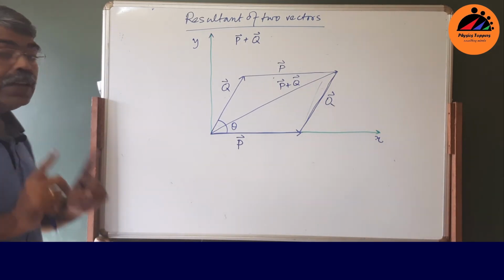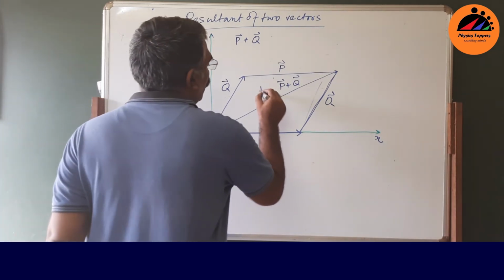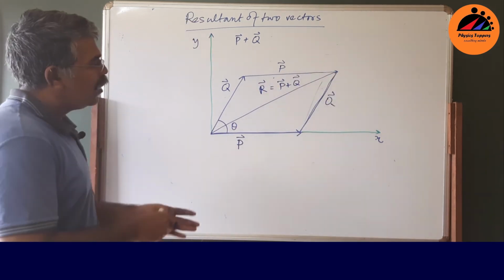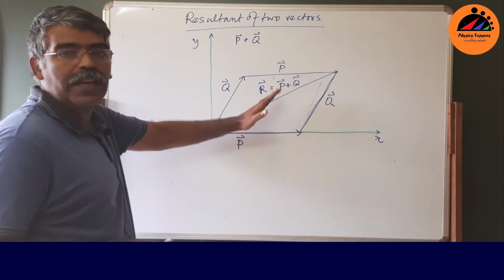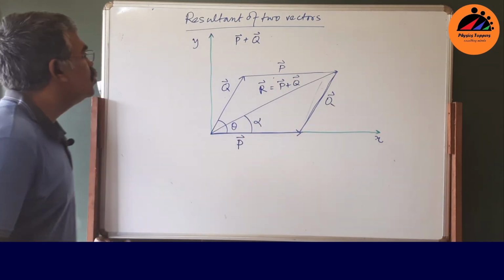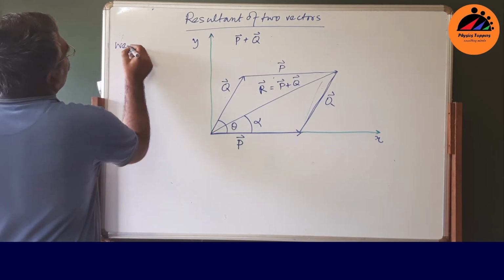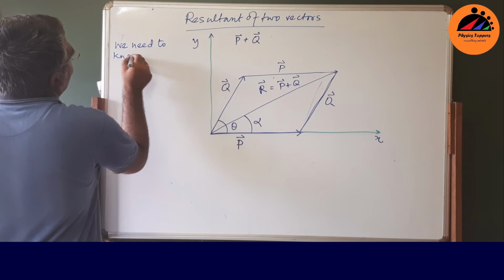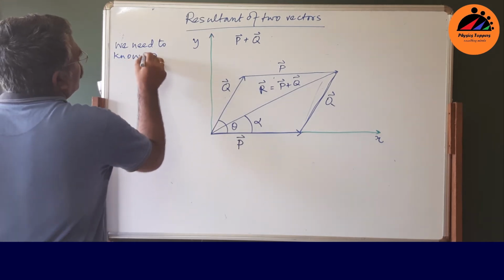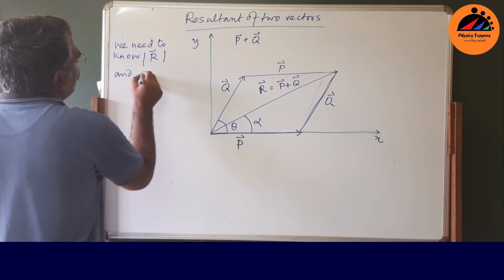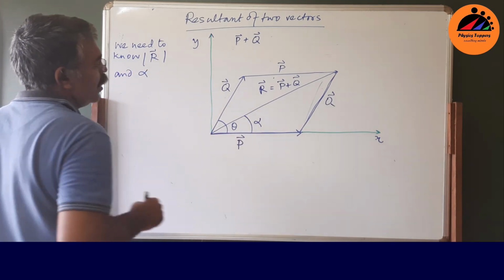So what we need to know is the length of this arrow and how much this arrow is inclined with the x-axis. So this angle is alpha. So we need to know r, that's the magnitude of r, and alpha, right?